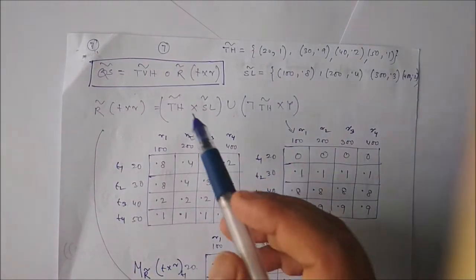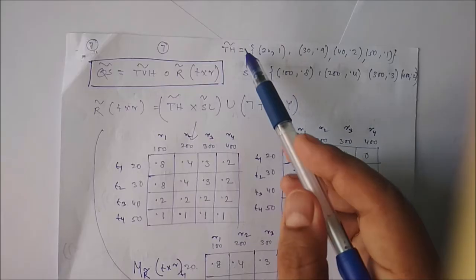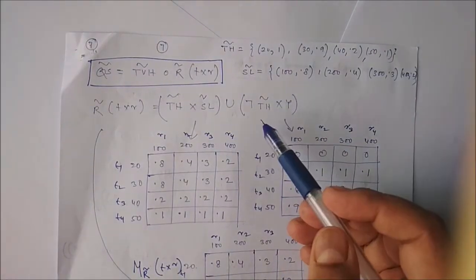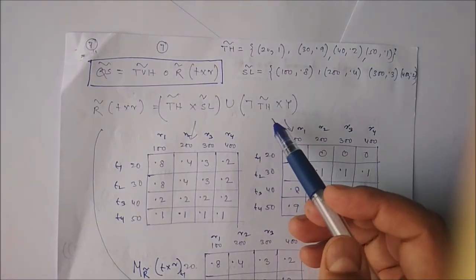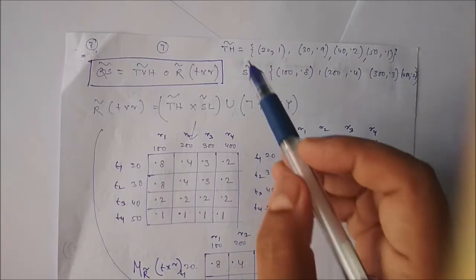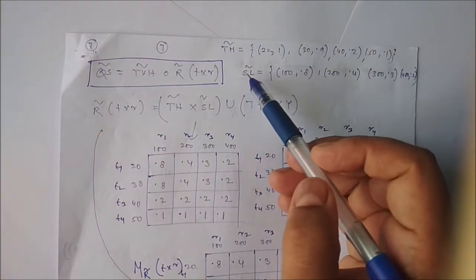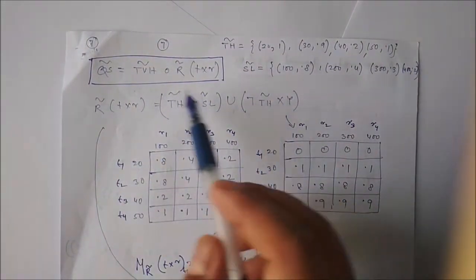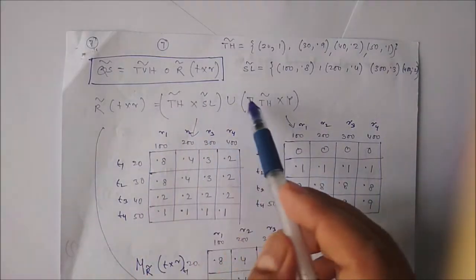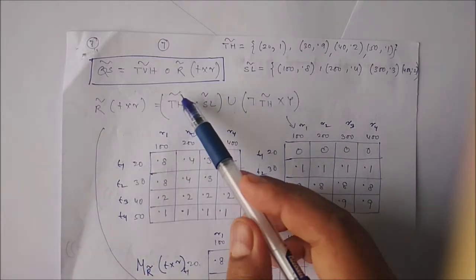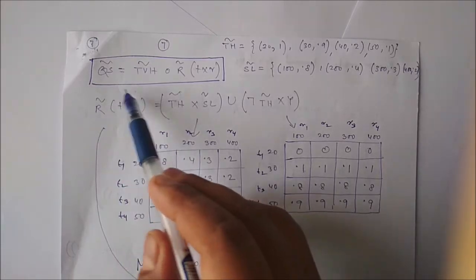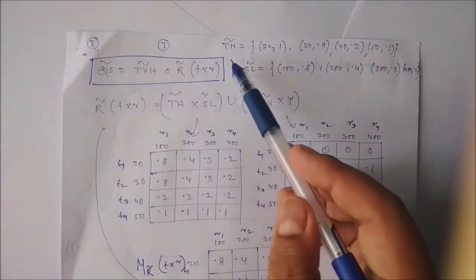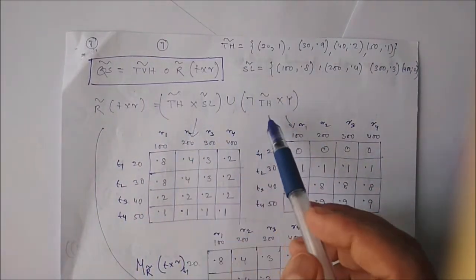To get the relation between TH and SL, that is, if the temperature is high, then the rotation is slow, we use this particular formula.